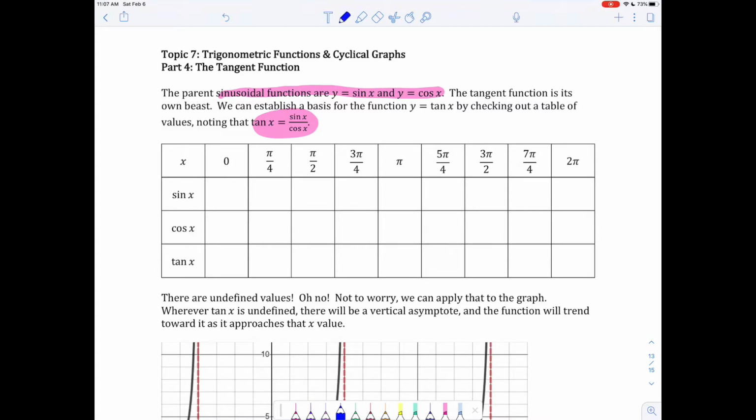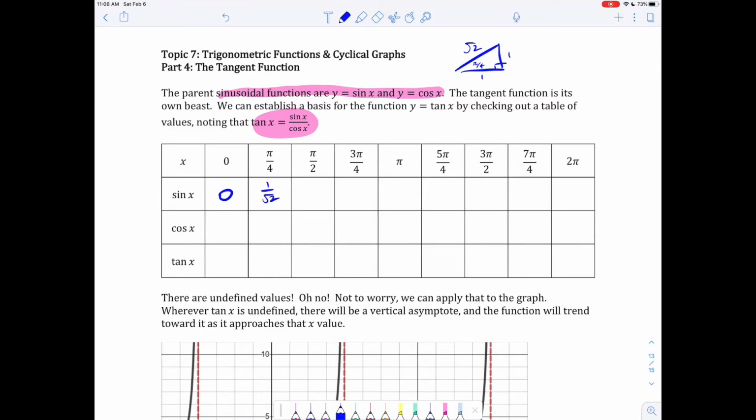So we know that sine of 0 is 0. And if you use a unit circle or a special triangle or something, however you get these values, you know that sine of pi over 4 is 1 over root 2.